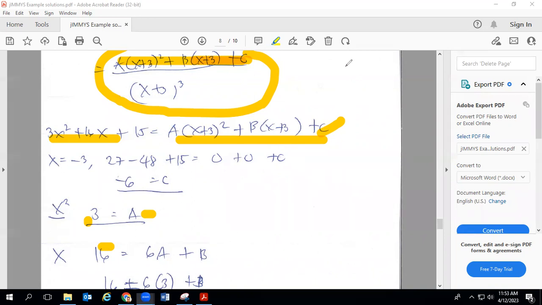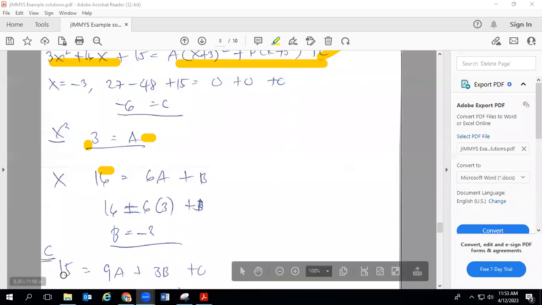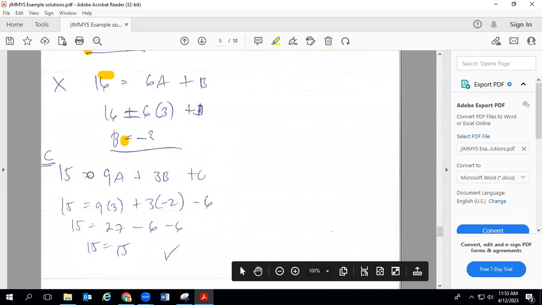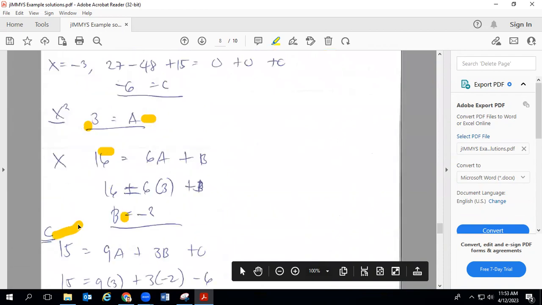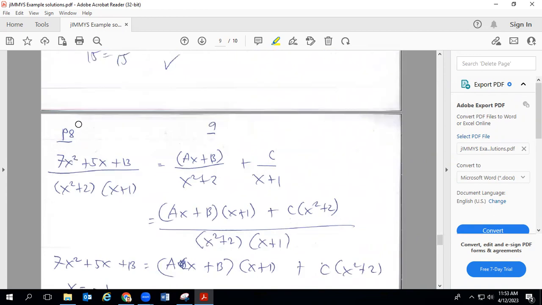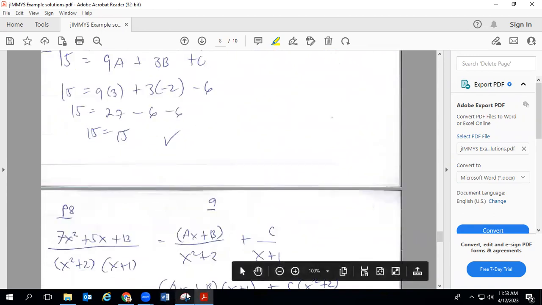Okay, so from here you can get the value of b. If you want to check, you can use the constants. And then here again, this is a combination of linear and quadratic. In quadratic, just to remember, you have this form.